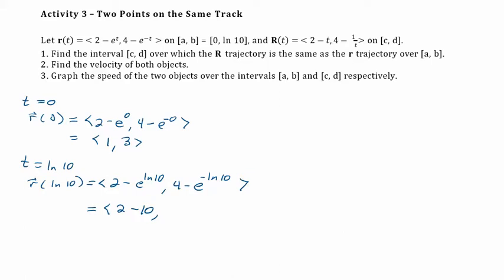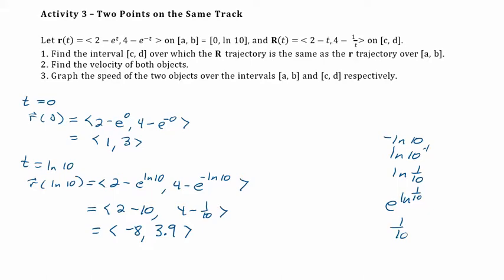I'm thinking about properties of natural log. We could bring that negative 1 up, so that would be the same as natural log of 1/10. So e to the ln of 1/10 is just going to be 1/10. So 4 minus a tenth is going to give me my coordinate there. So we have -8 and 3.9.